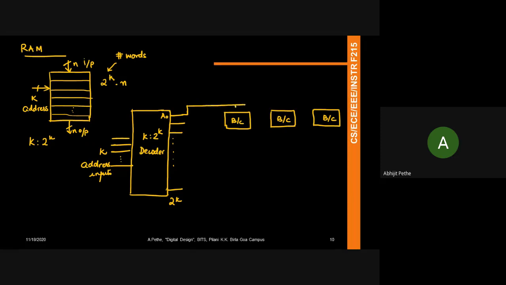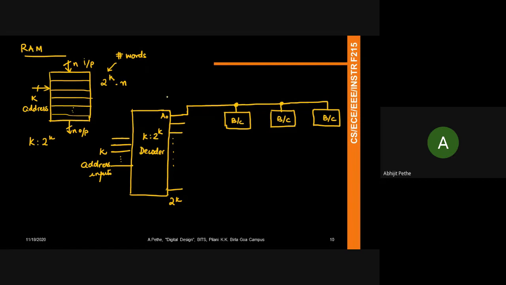I'm going to use it as a select to these 3 bit cells. Remember again, the memory doesn't allow you to access individual bit cells. It allows you to access only an entire word. So this address line is connected to 3 bit cells. This is your select line.